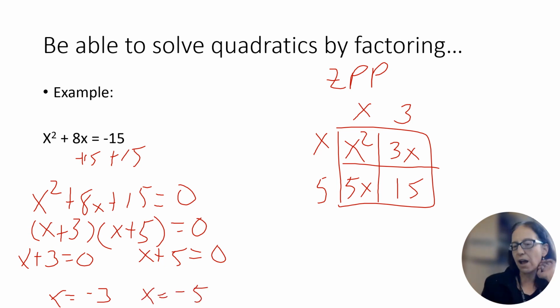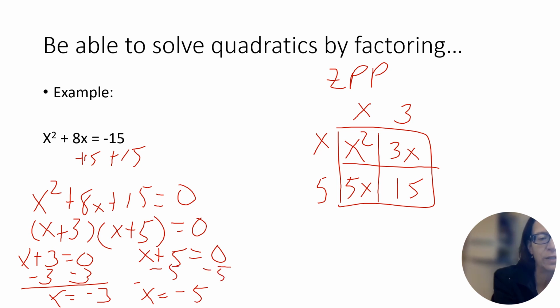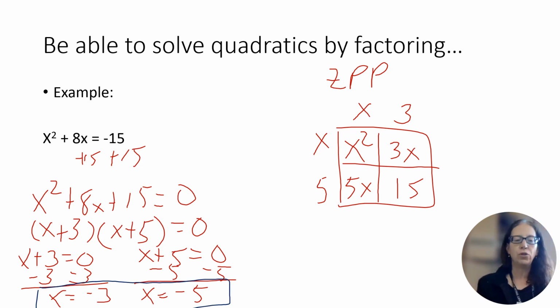Okay, you do not have to show these middle steps. However, if you are confused at all, please show them. So the first factor is 0, so then you would subtract 3 from both sides. That's where the -3 comes from, and then subtract 5 from both sides. And so our answers are x is -3 and x is -5. You do need to generate both answers.